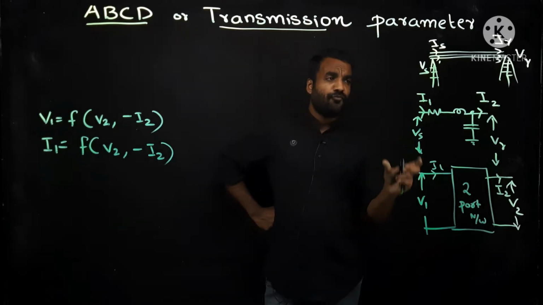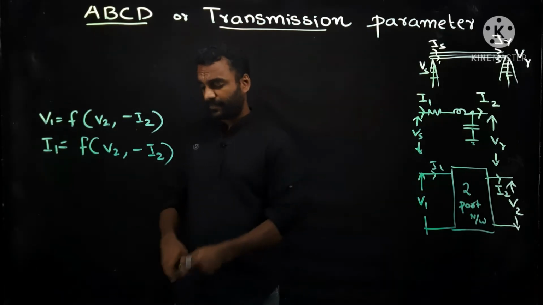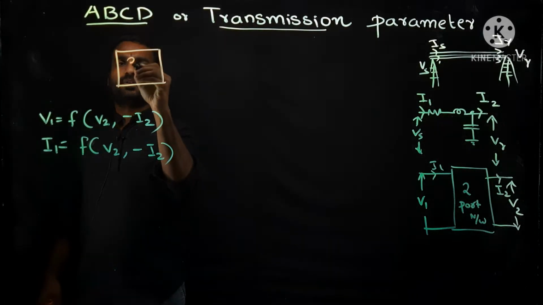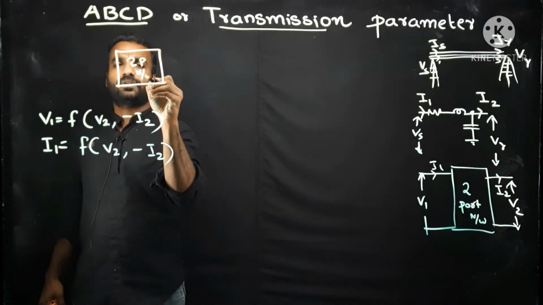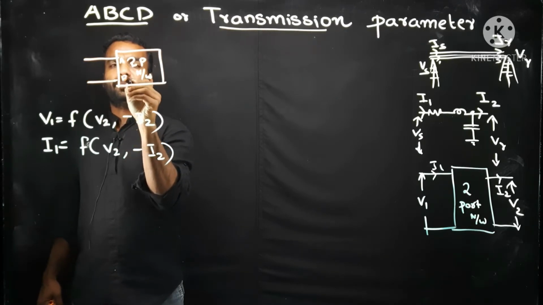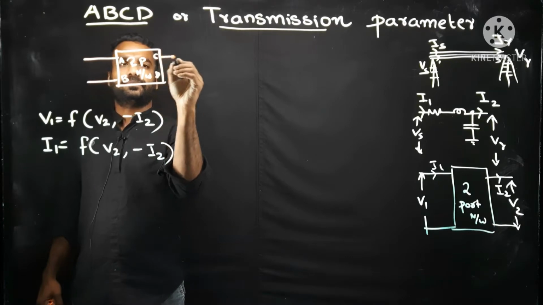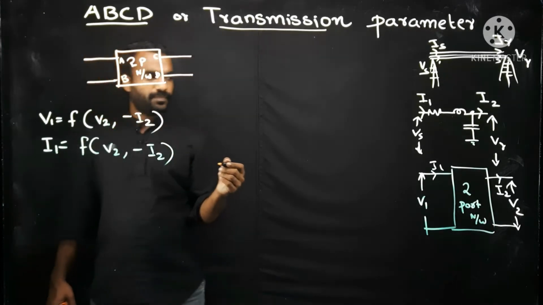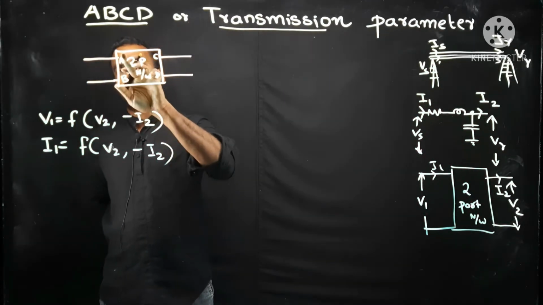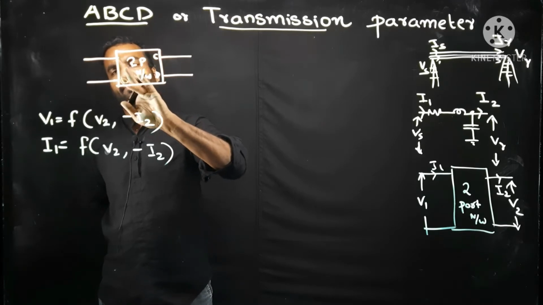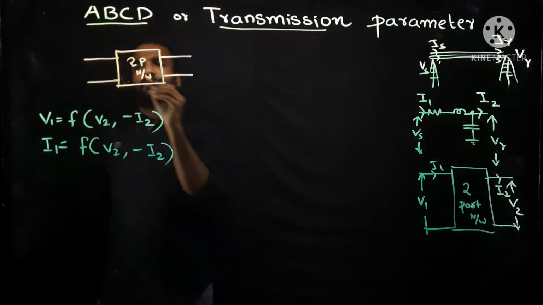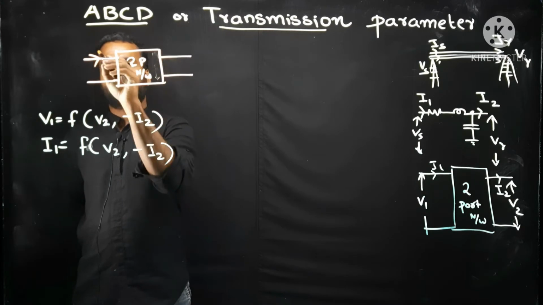This is the one major difference of ABCD parameters. I will draw this block diagram here. It is a two-port network with A, B, C, D. You can mark ABCD inside; that is also correct.